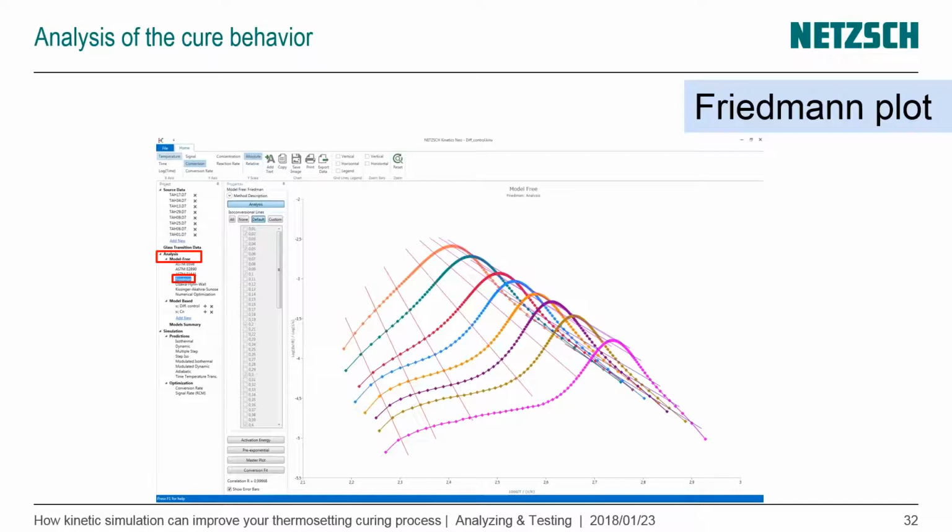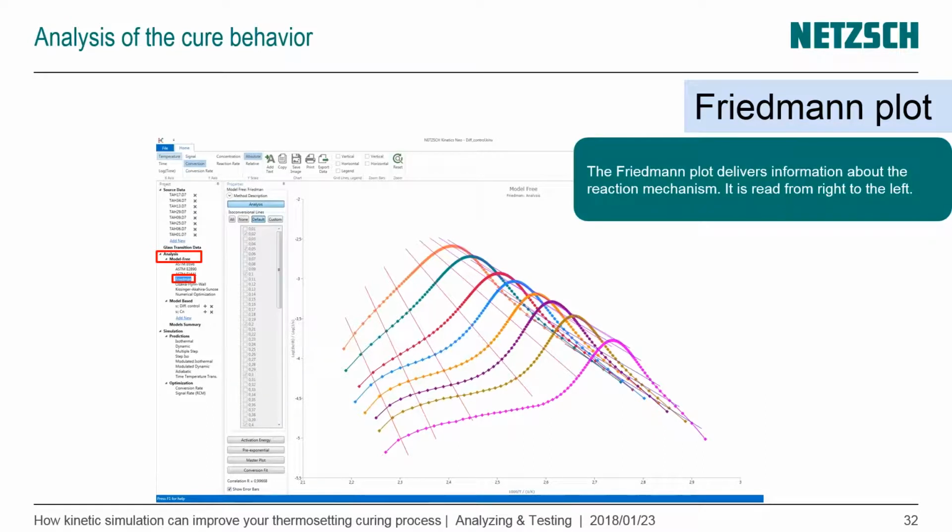If you want to do model-based kinetic analysis, then you first have to analyze your measurement data. Therefore, for differential scanning calorimetry measurements, the Friedman plot is often used. The Friedman plot is a plot of the reaction rate depending on 1000 by the temperature. And this plot is read from right to left.